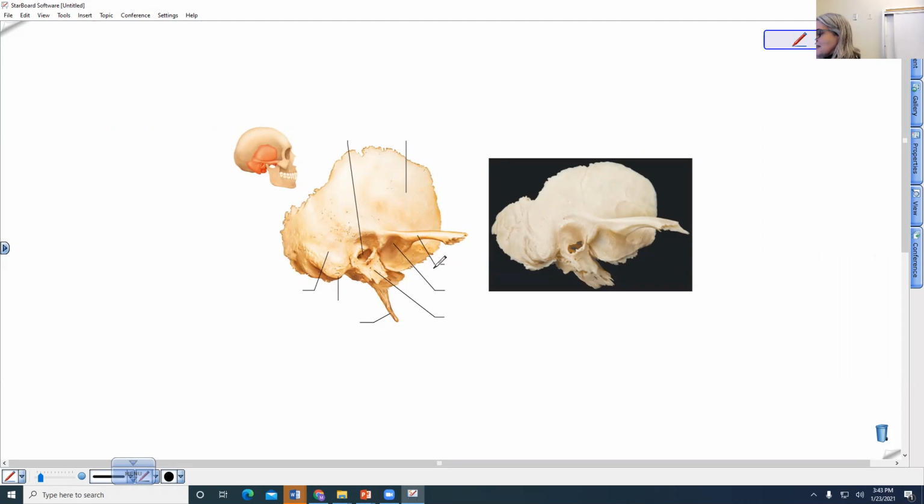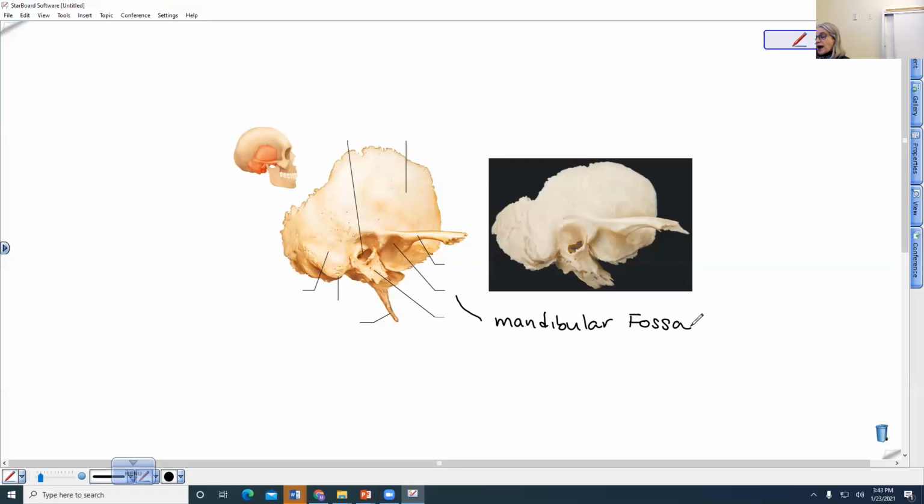We did talk about this zygomatic process already, which is part of the temporal bone. We have what is referred to as the mandibular fossa. So if I look at this on my temporal bone, I have the mandibular fossa. And you'll remember that a fossa is a shallow indentation.